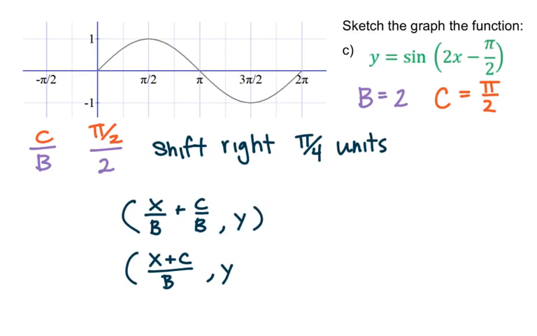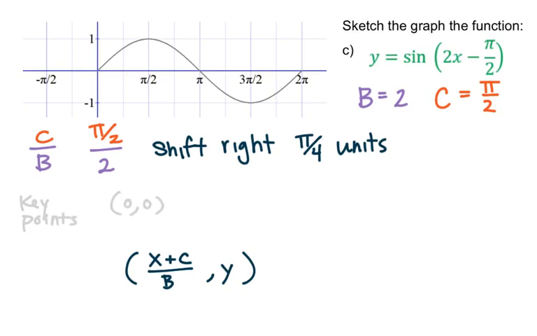All right, so let me make that look a little nicer. Let's start with our key points for sine. We have 0, 0, pi over 2, positive 1, pi, 0, 3 pi over 2, negative 1, and 2 pi, 0.